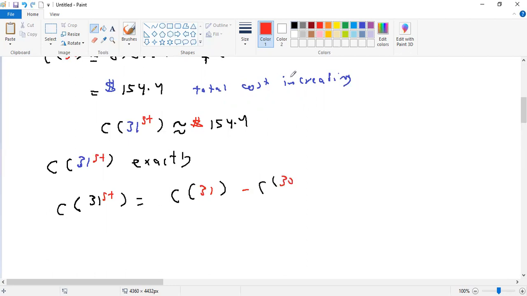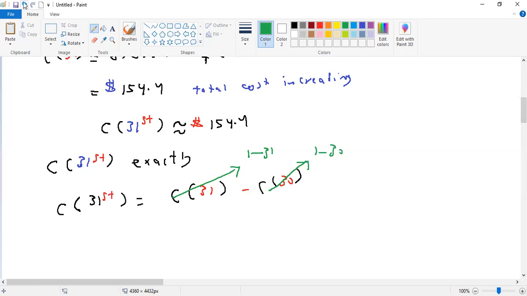The difference is only one unit, the first one after 30.